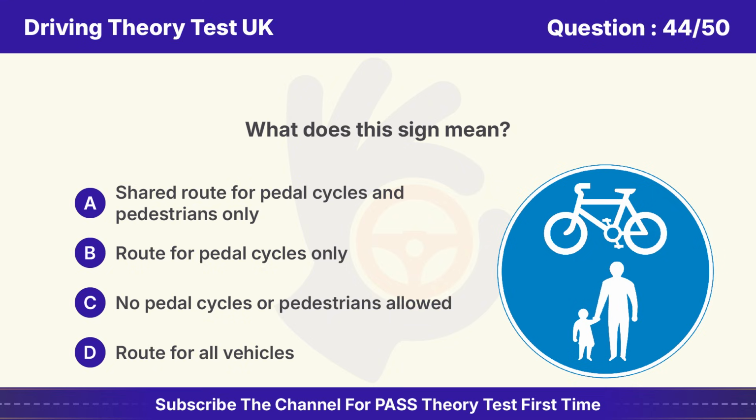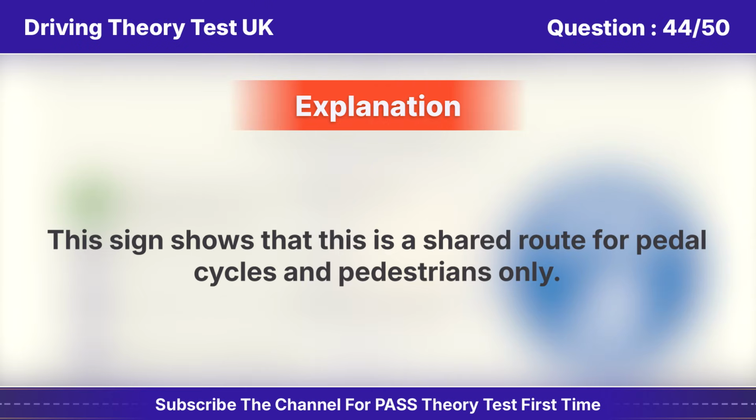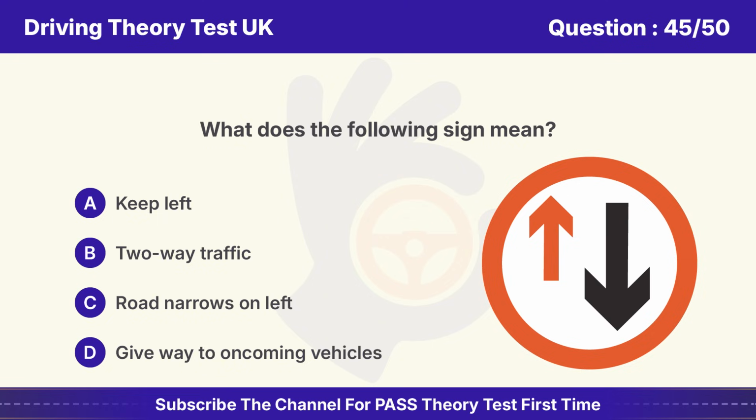Question 44. What does this sign mean? Answer is A. Shared route for pedal cycles and pedestrians only. This sign shows that this is a shared route for pedal cycles and pedestrians only. Question 45.